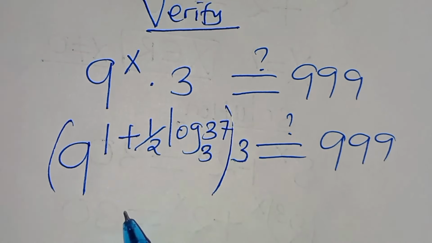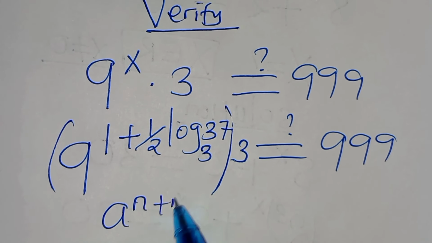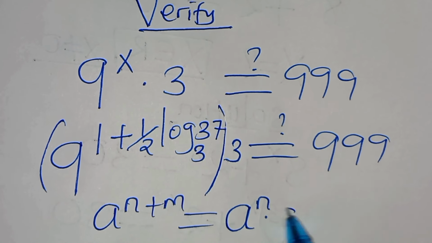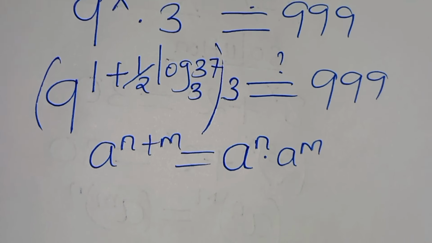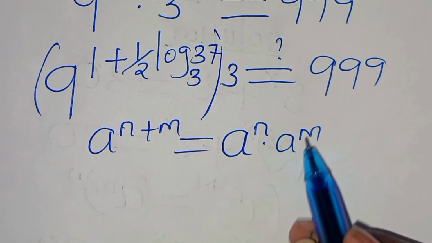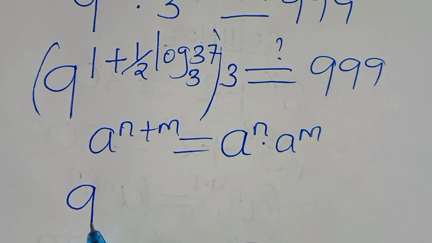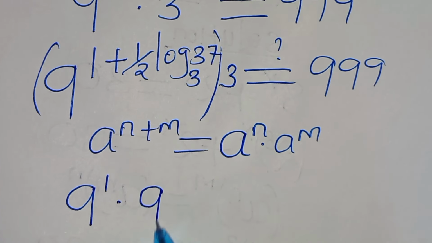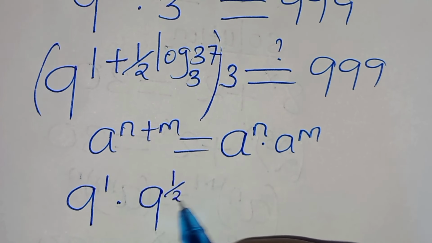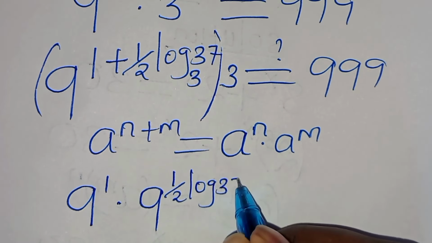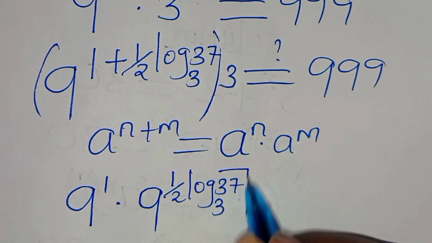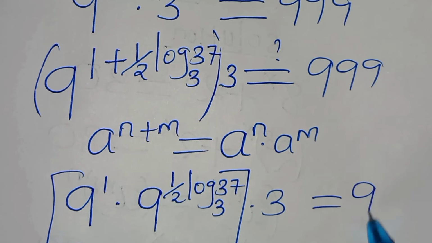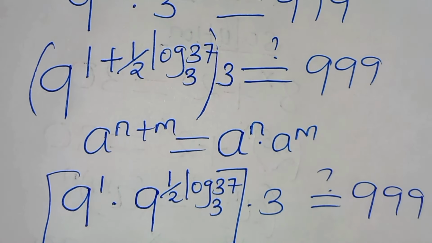This part is in the form of a to the power of n plus m, which can be expressed as a to the power of n times a to the power of m. Applying this exponent property, then here we have 9 to the power of 1 times 9 to the power of half log 37 to base 3. Everything here multiplied by 3. This should give us a value of 999.